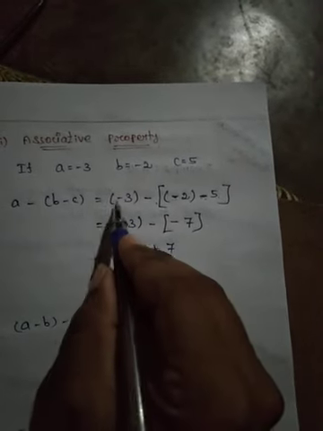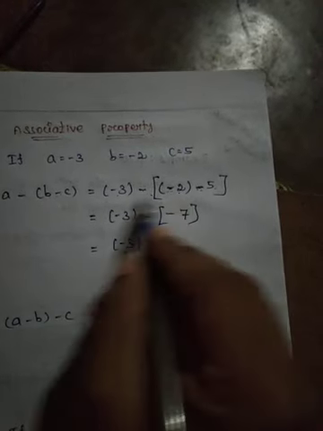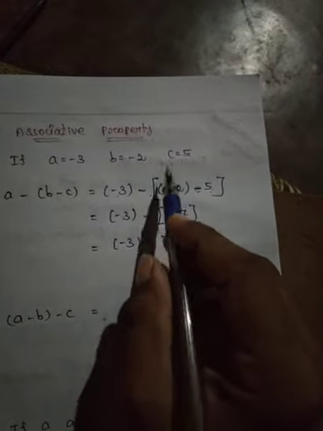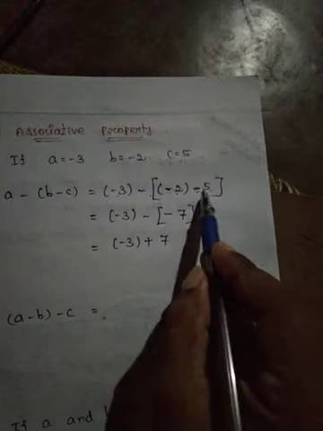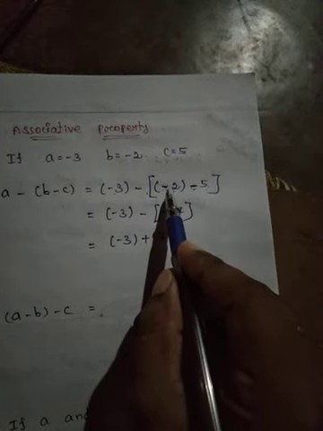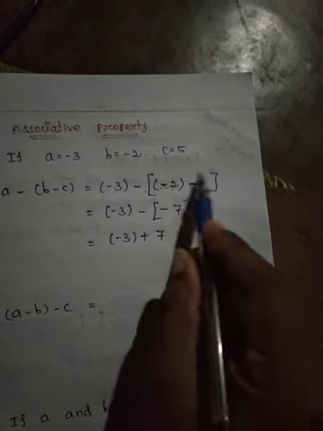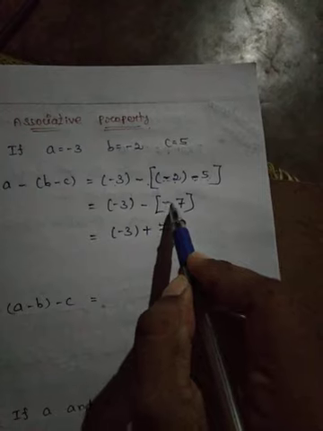See, the value of a is minus 3, the value of b is minus 2, the value of c is 5. First you find out the bracket. Both are the same sign, so we have to add: 5 plus 2 is 7. You write the biggest number's sign. The biggest number is 5, that sign is minus, so I write the minus.